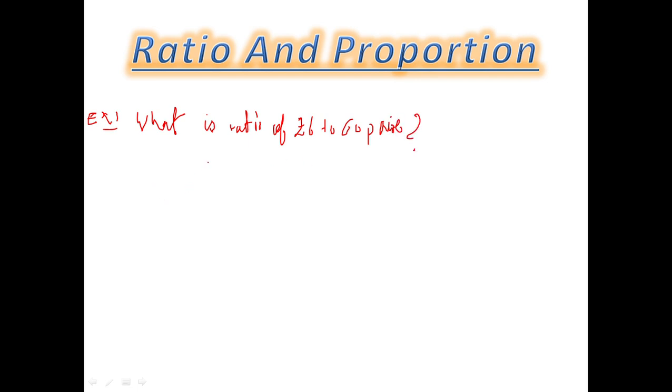It will be 6 upon 60, which reduces to 1 upon 10, so it equals 1 ratio 10. This way you can find the answer. Now example two. If you have any doubt in any example, you can ask in the comment box.